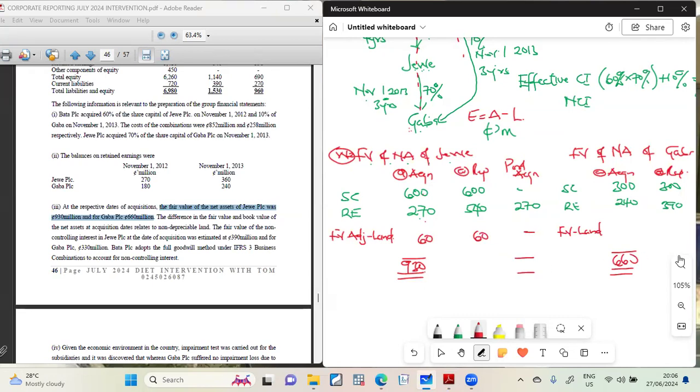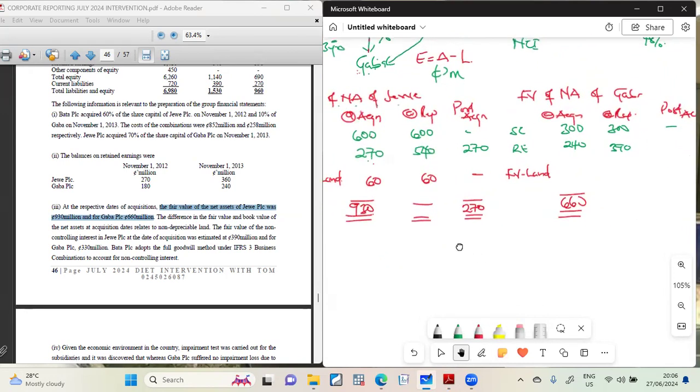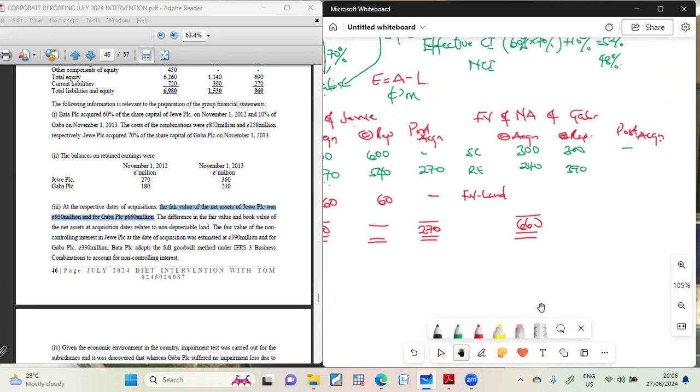Please, like I always tell all my students, the middle one is of no use to you. So don't bother yourself trying to calculate anything on that. So this one too, what was the difference here? 240 to 390 is like 150. So that one too, you have a fair value adjustment.